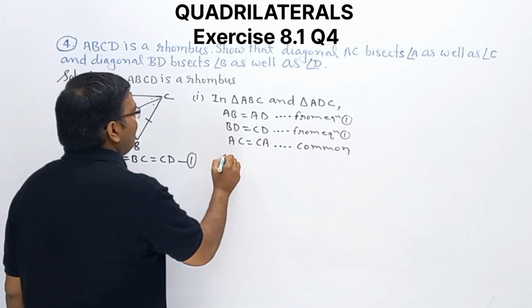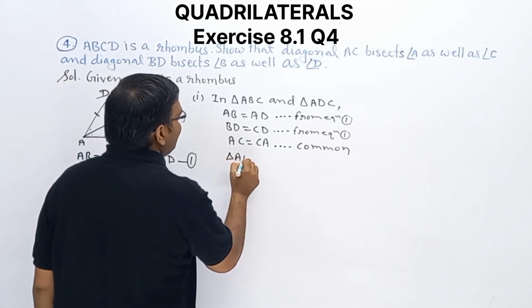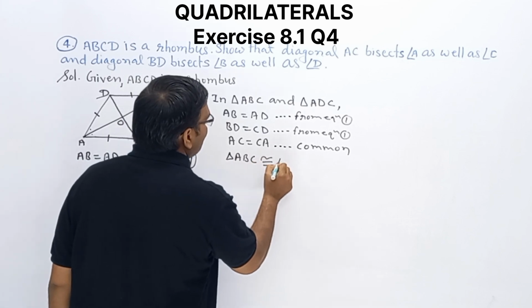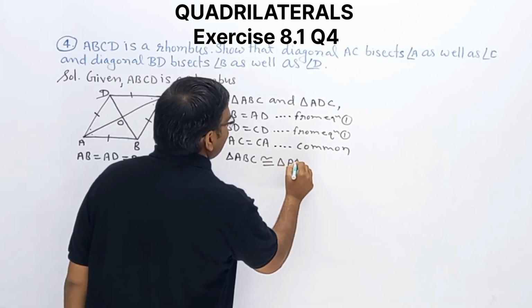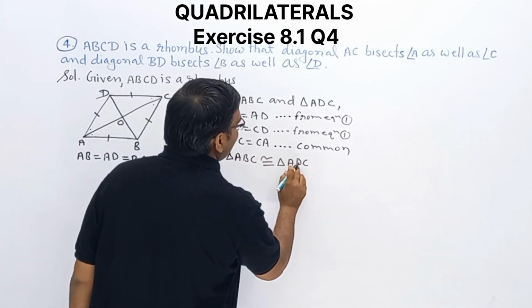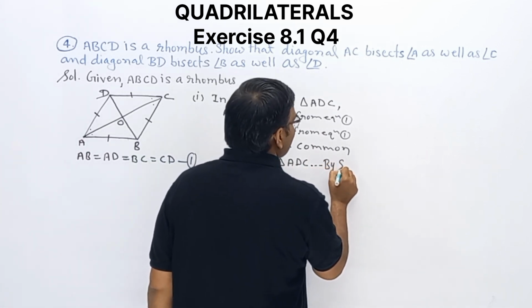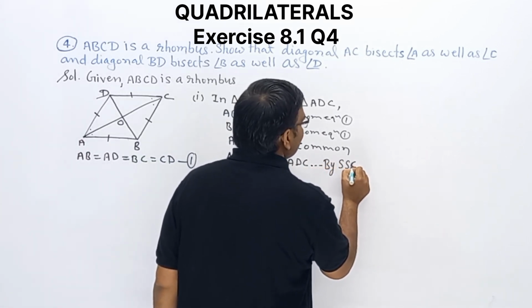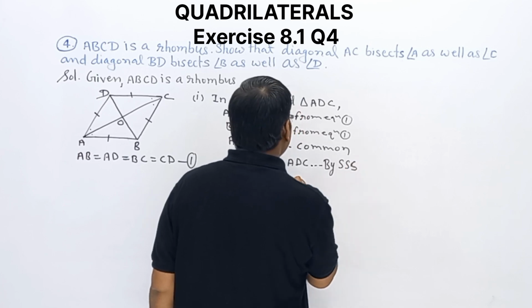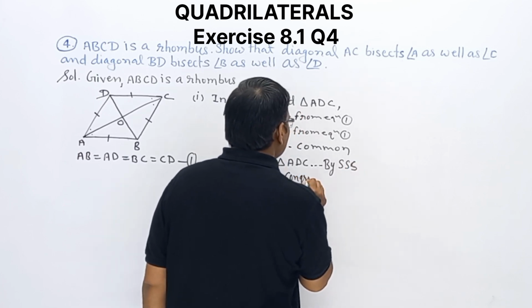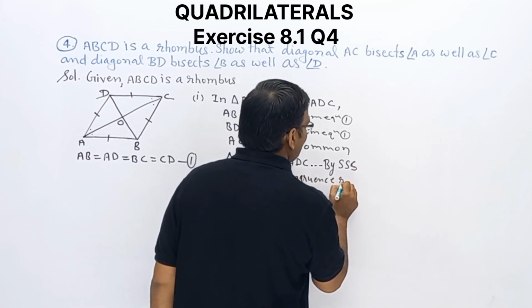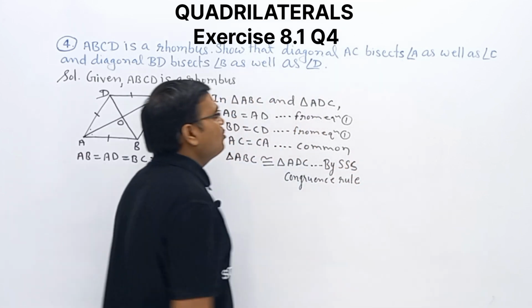So what can we say? Triangle ABC is congruent to triangle ADC. These two triangles are congruent by the side-side-side congruence rule.